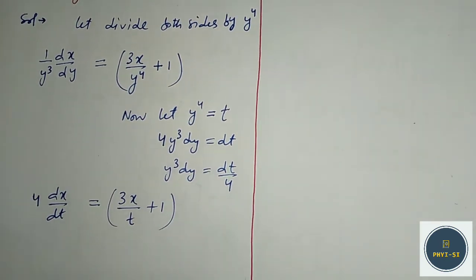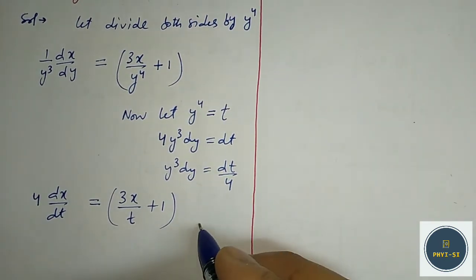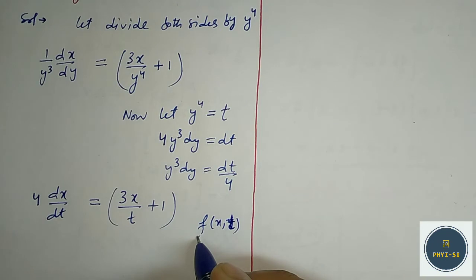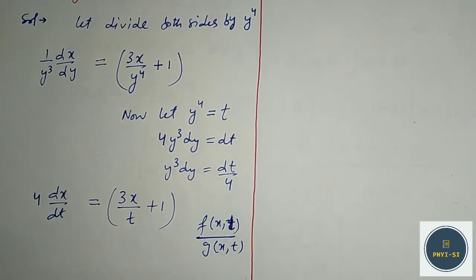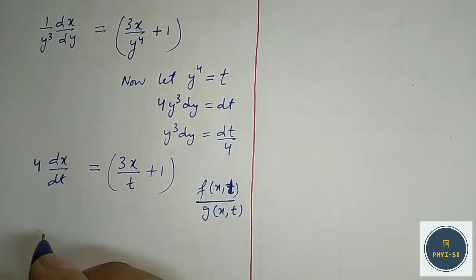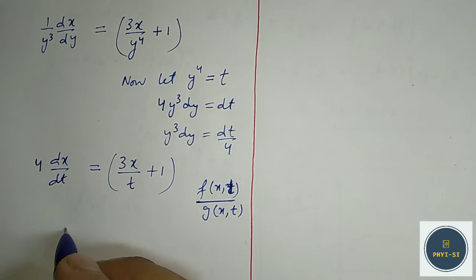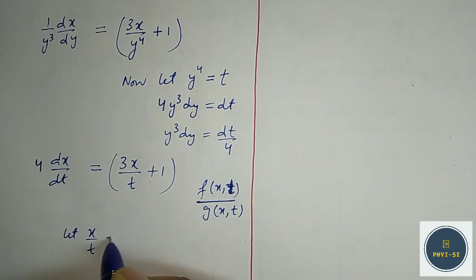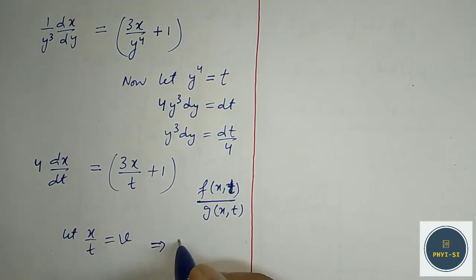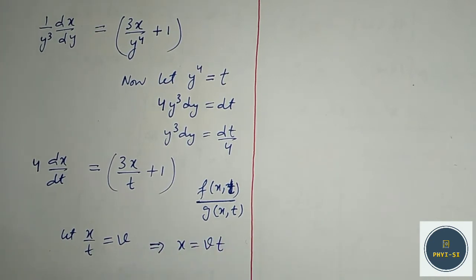Now it is a homogeneous equation of type f(x,t) over g(x,t). So let's make another substitution. Let x upon t is equal to v, or we can say x is equal to vt.